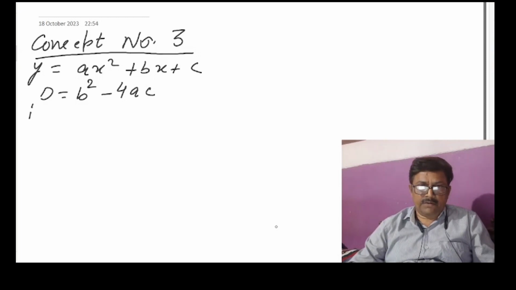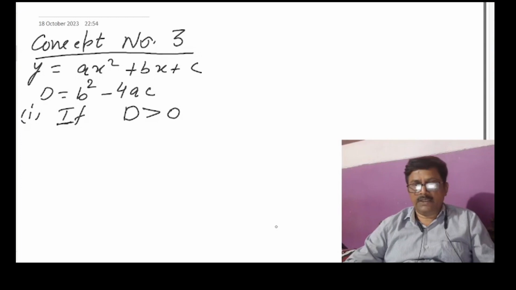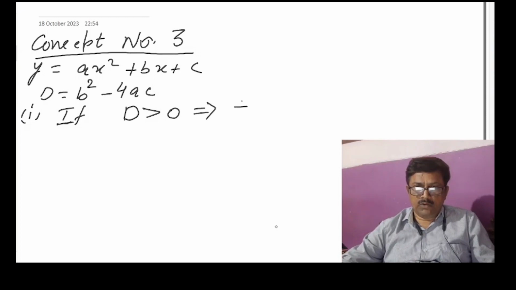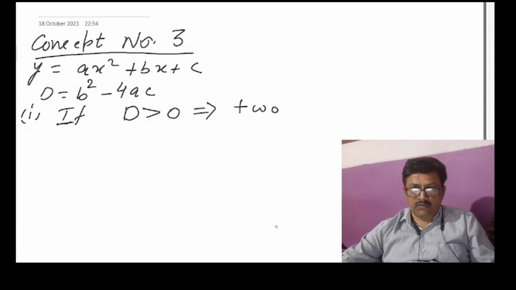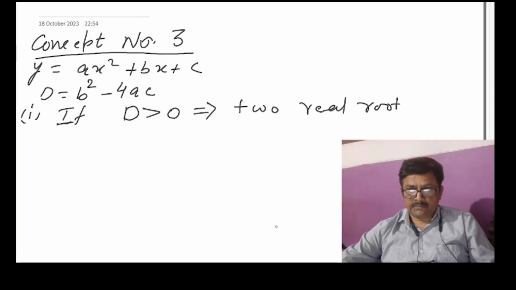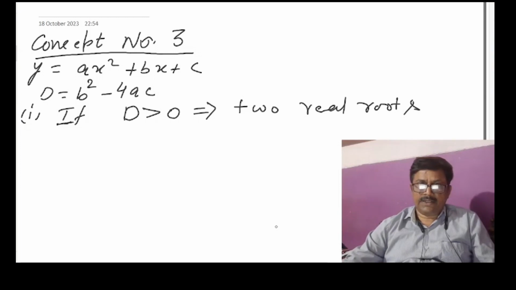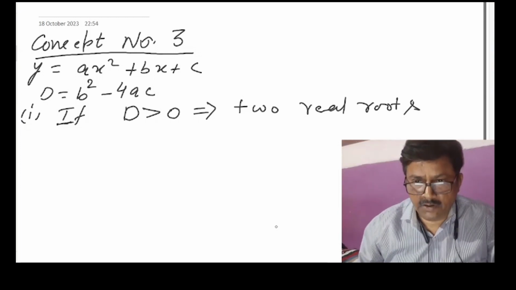First point of this concept: if the discriminant is greater than 0, then we know there are two real roots of this quadratic equation or expression.